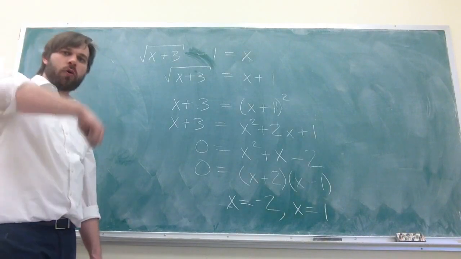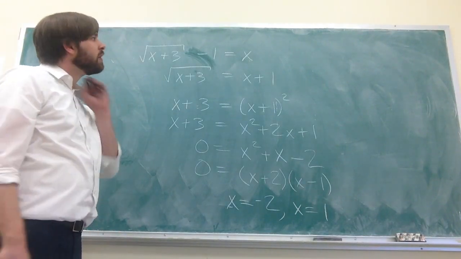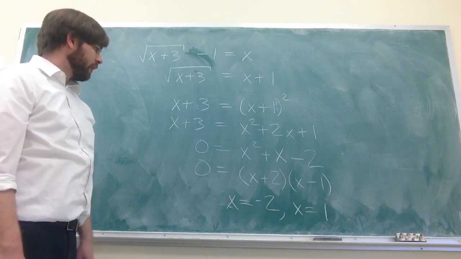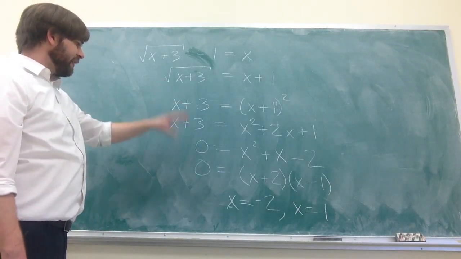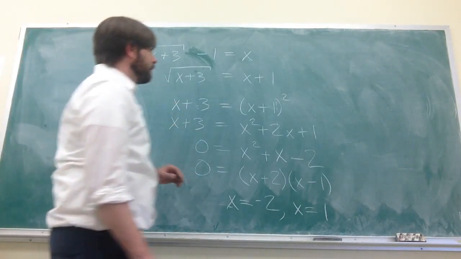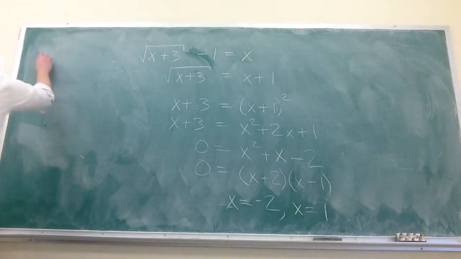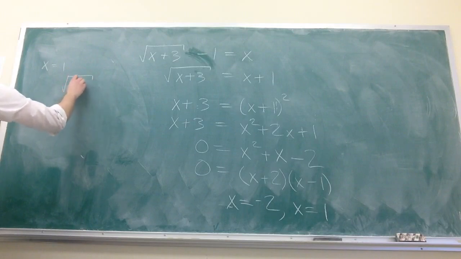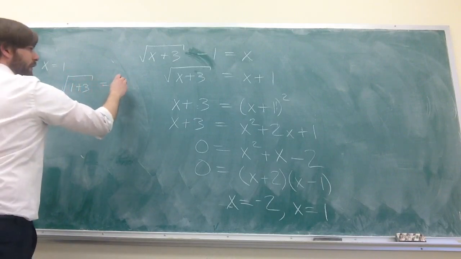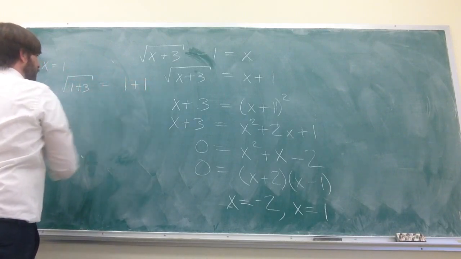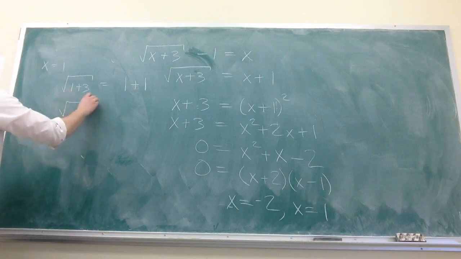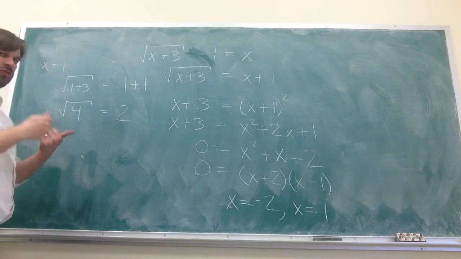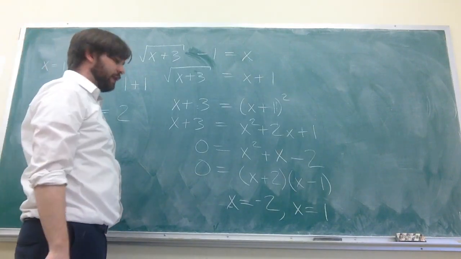Again, we have to go back up to our equation and check to see if this makes sense. If we plug in x equals 1, on the left we get the square root of 1 plus 3, and on the right we get 1 plus 1. So we get the square root of 4 equals 2, which is a true statement.